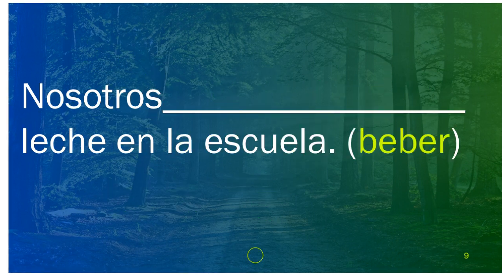I've got 2 more examples for you. So here's an example using nosotros in our sentence. So nosotros blank leche en la escuela. We want to say we drink milk in the school. So we're going to use the ER verb beber. We're going to take off the ER.